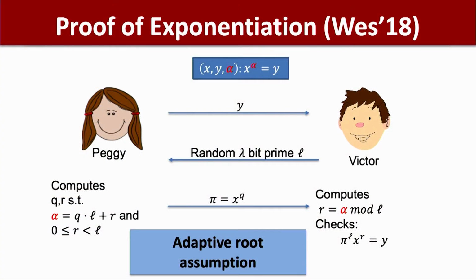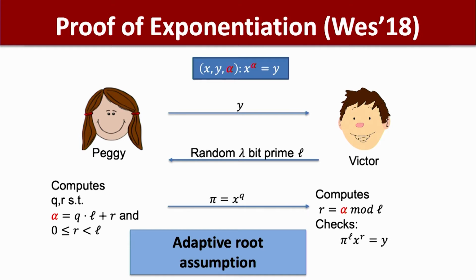Under the Fiat-Shamir transform, you can make all of these non-interactive. So what does this proof of exponentiation look like? I'll try to keep the idea short. Basically, I claim that x to the alpha is equal to some y.